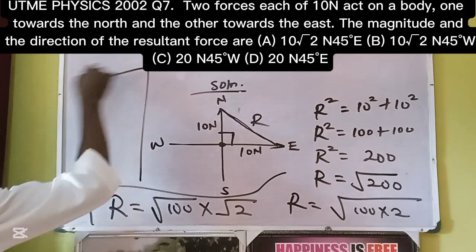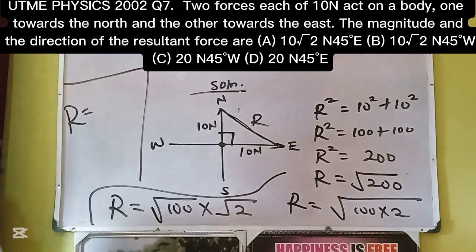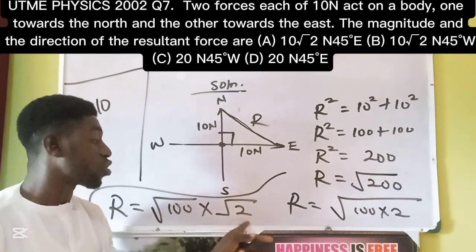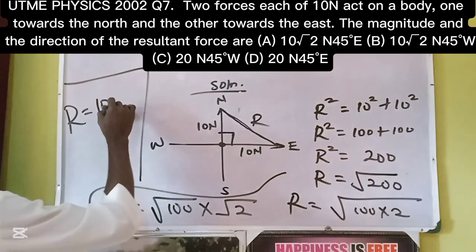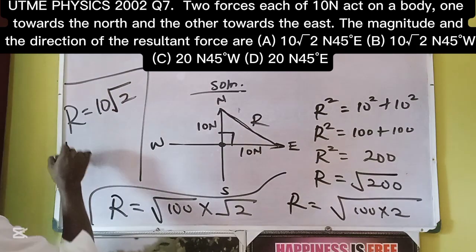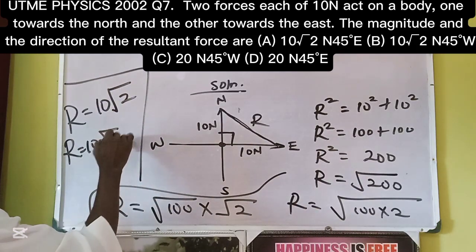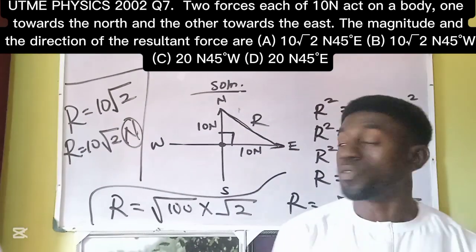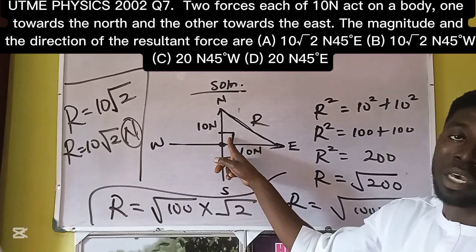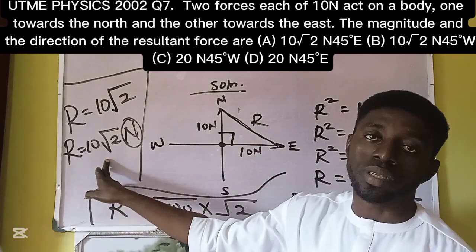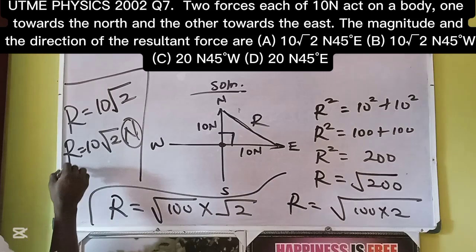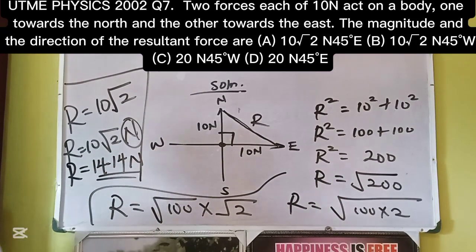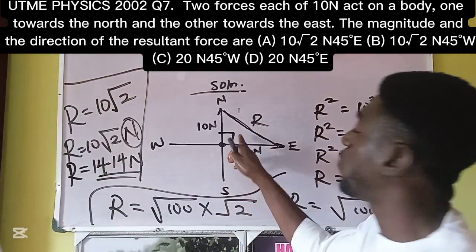Finally, R is equal to square root of 100, which is 10, and square root of 2 remains as surd 2. So our final answer is 10 surd 2 Newton. This is the actual force moving the body. The real force moving this body is 10 surd 2 Newton. Also note, 10 surd 2 is the same as 14.14 Newton. That is the force moving this body.